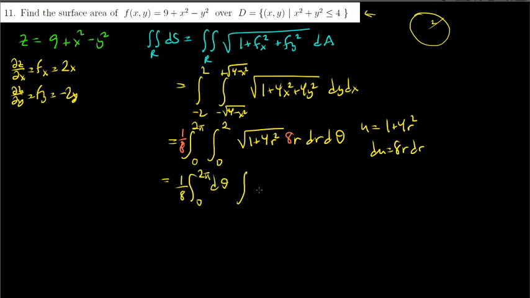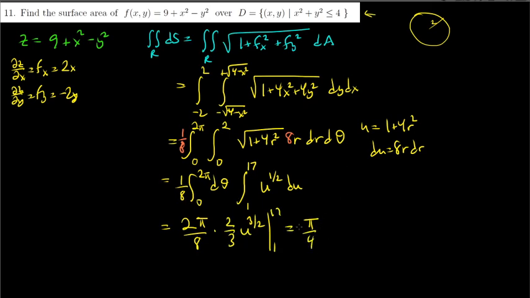And then the integrand is going to be square root of u again. So when r is 0, u is 1. When r is 2, we get 1 plus 4 times 4. 1 plus 16 is 17, right? So we get 2 pi over 8, and then 2/3 u to the 3 halves between 1 and 17.